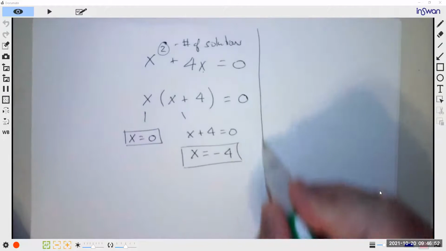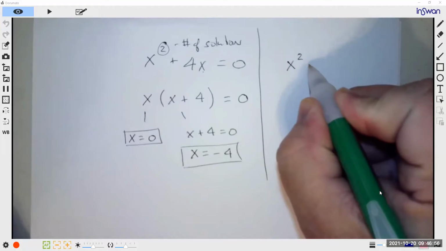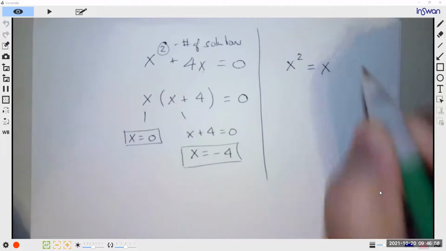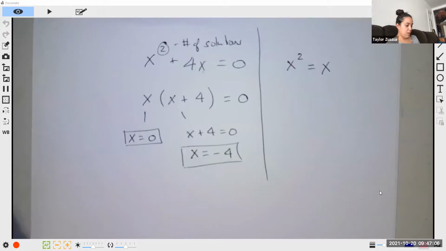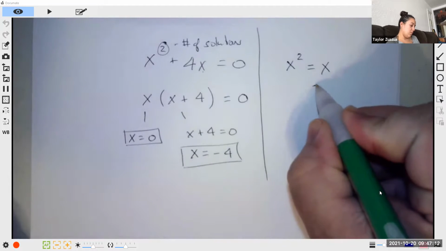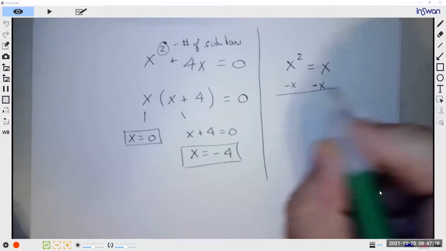Let's look at another example. X squared equals 2x. It has to be equal to 0 first.